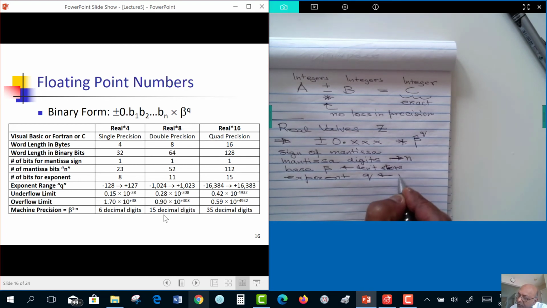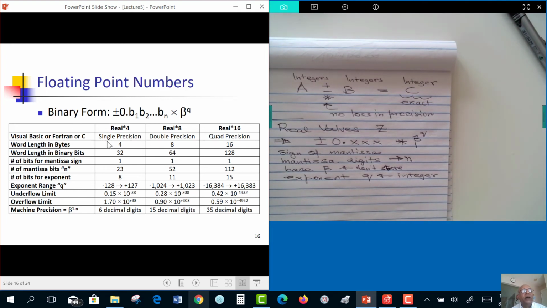And remember, q is always an integer: positive, negative, or 0. So just like integers, we have a variety of types of real values. So we have single precision numbers, which are 4 bytes, double precision, 8 bytes, and quad precision, 16 bytes.